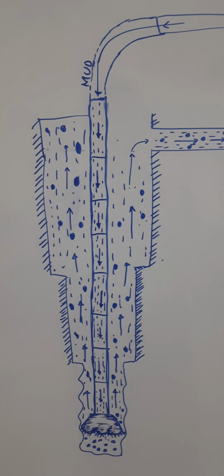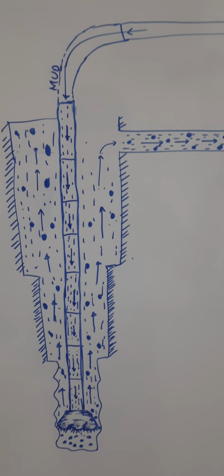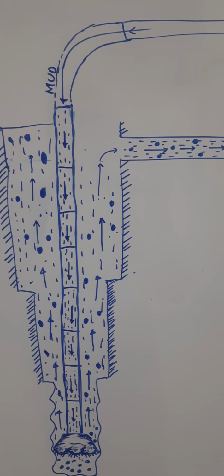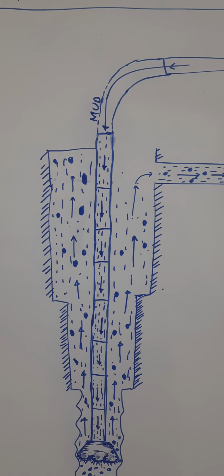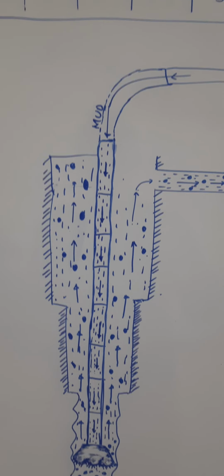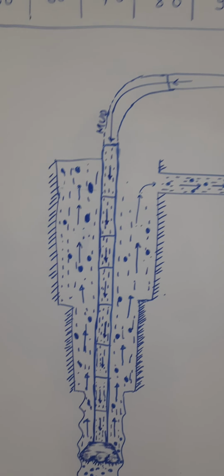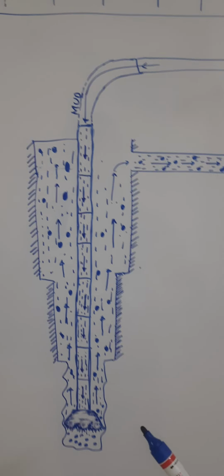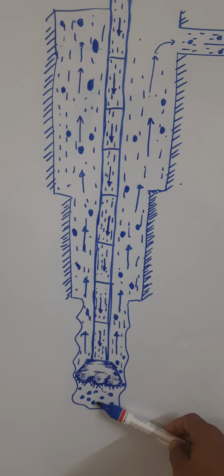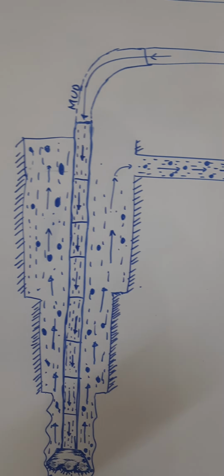Now first thing, what is mud? Mud is a mixture of water or oil. At some places we use oil also, but here in Mehsana we are using water. So mud is a mixture of water and some chemicals. Which chemicals? Those chemicals which have properties to better lift this cutting from the bottom to the surface.